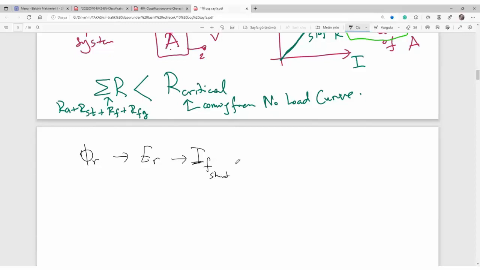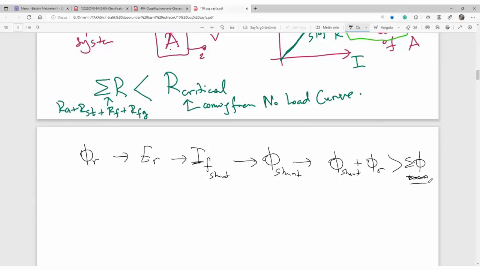And then that field current produces some shunt field, and if there is a correct connection and rotation, the magnetic field lines of that shunt field current will contribute to the residual flux and give a cumulative result.